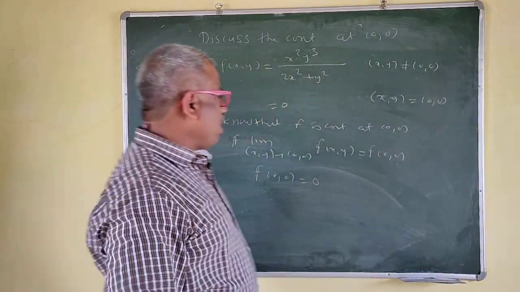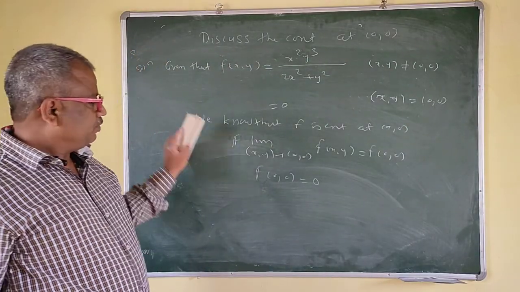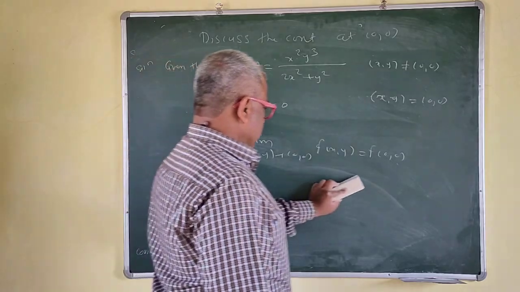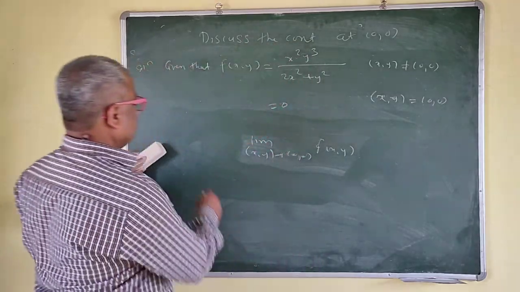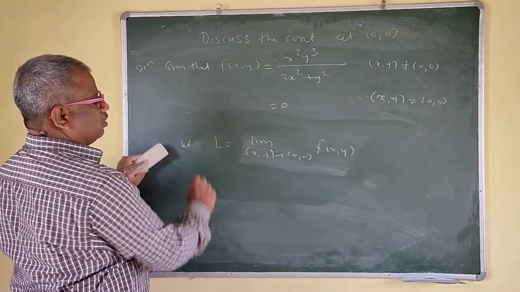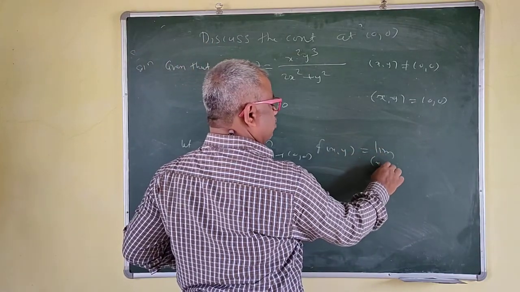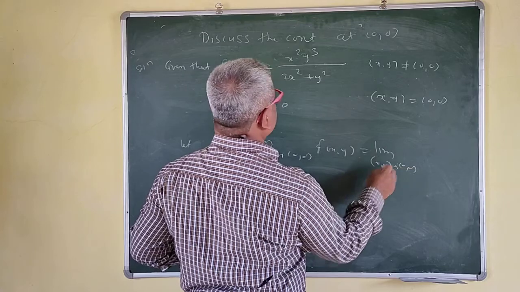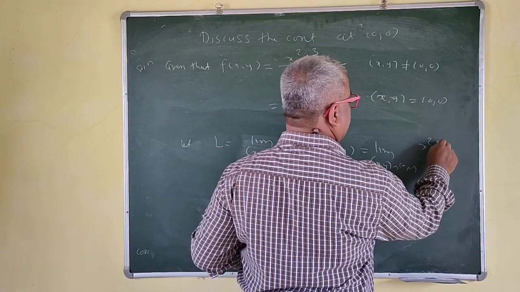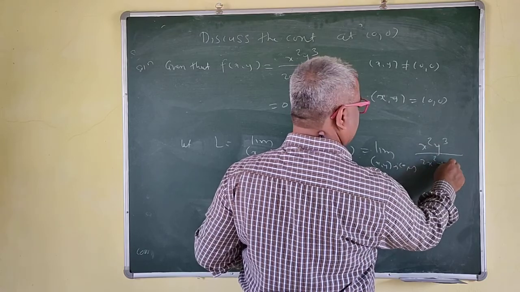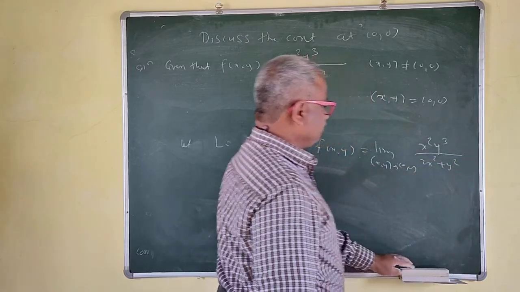Right? So only we have to discuss the limit. We will find only the limit now. So we'll say let L is equal to this. Okay? So this is equal to limit xy tends to 0, 0 x square y cube upon twice x square plus y square.